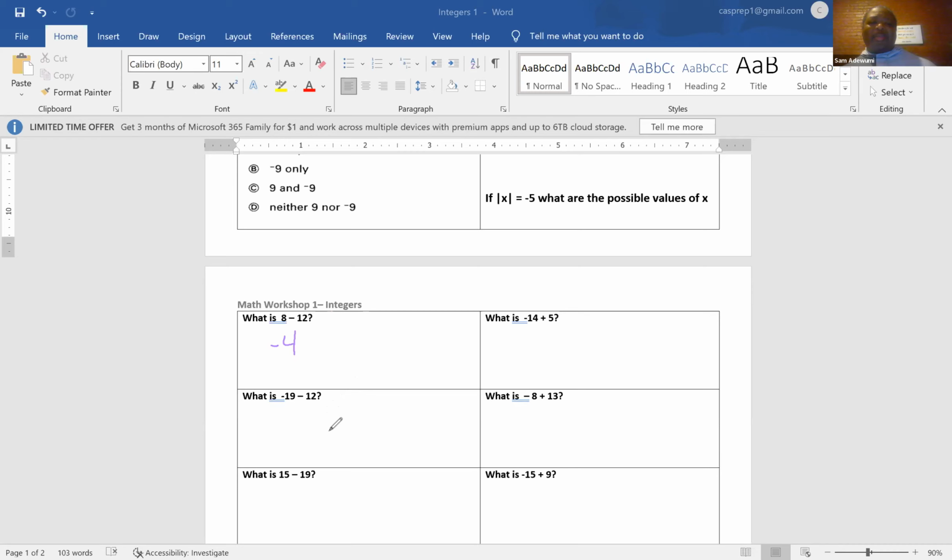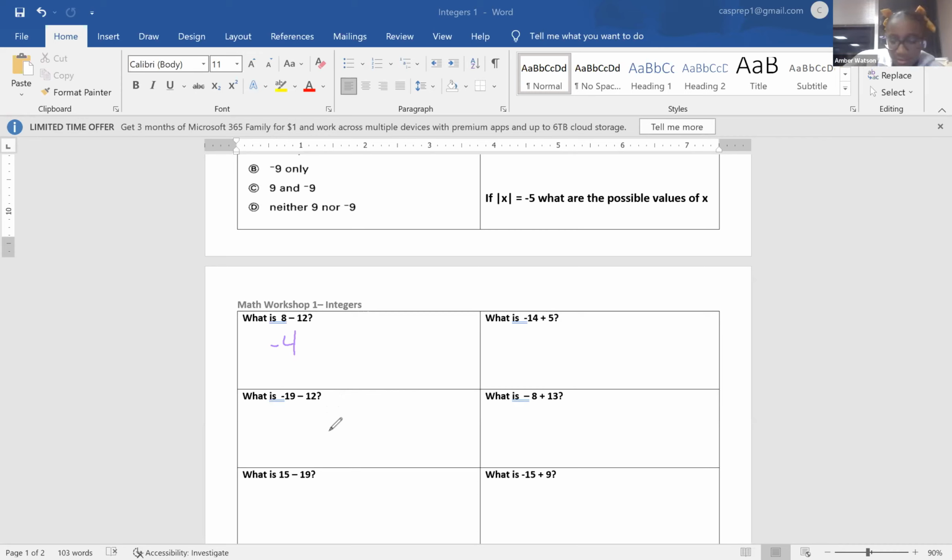So Amber, tell me about last week. What do we do when we see negative signs or minus signs? What direction do we move in? Left. So if I see a negative 19, what direction do I move in?